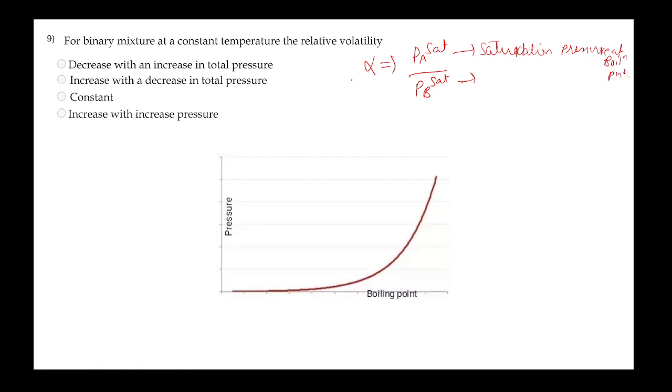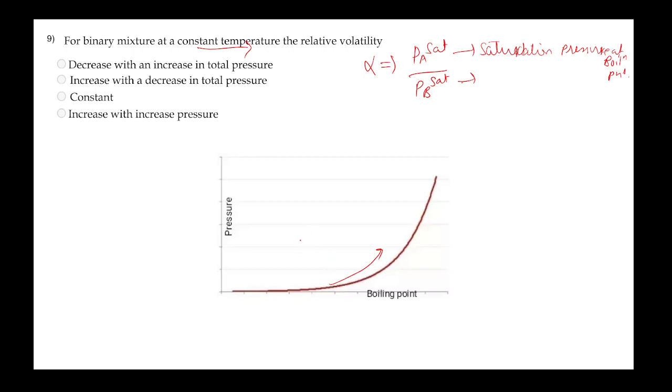Now here the temperature is constant, but you are changing the pressure. If you increase the pressure, the boiling point tends to increase, and this is the trend which is followed.